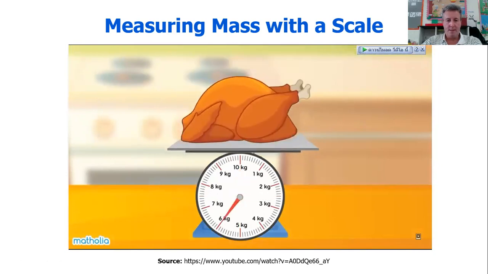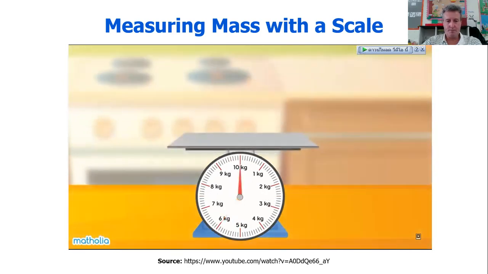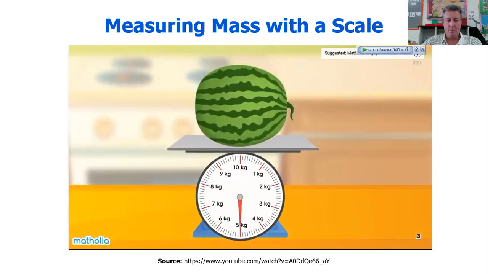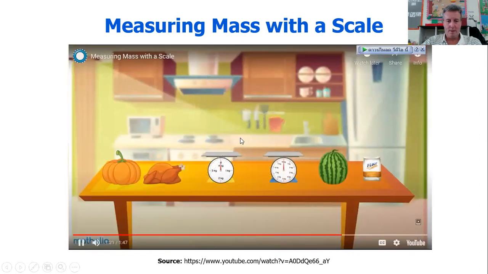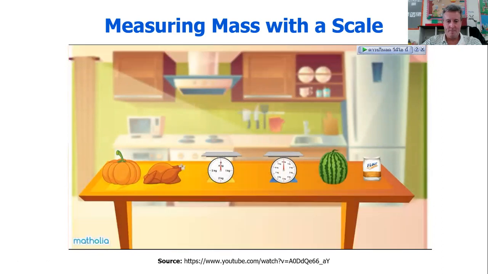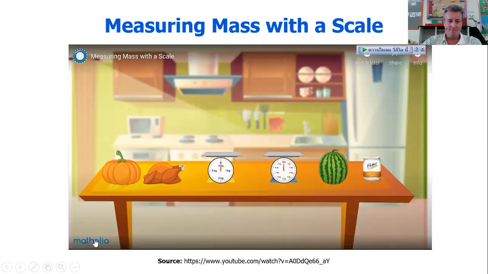Very good. The turkey has a mass of 6 kilograms. What is the mass of the watermelon? Excellent. The watermelon has a mass of 5 kilograms. How close were your guesses? Which item was the heaviest? Which item was the lightest? Pumpkin. The Thanks flour. for helping me find the mass of these items. I wonder what meal I can make with all these ingredients.